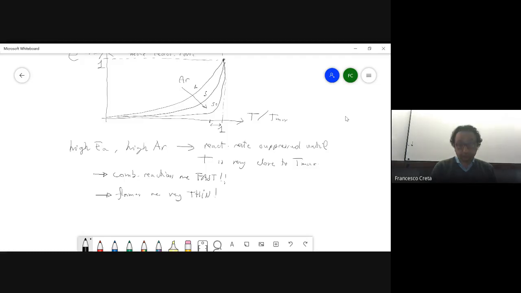So these two facts, the reason for this, essentially, is that combustion reactions are, generally speaking, high activation energy reactions. So they end up having a reaction rate that's very, very sensitive to variations in temperature.